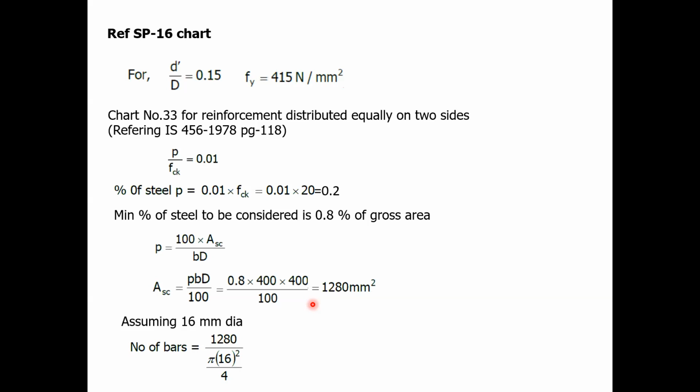How much are you getting for number of bars? 6.36. Okay, you can't make it 7, so make it 8 numbers.